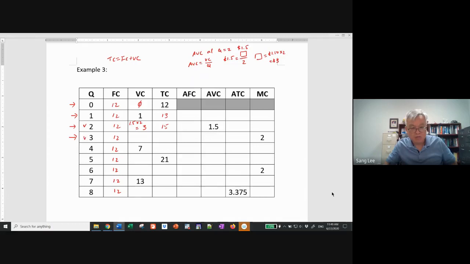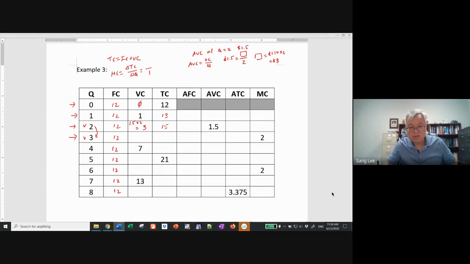Now you produce 3, so you produce 1 more unit, right? Then total cost increased by how much? 2. Now recall this: marginal cost is the change in total cost over the change in Q. So in this example, when you increase the output from 2 to 3, what's the change in quantity? 1.